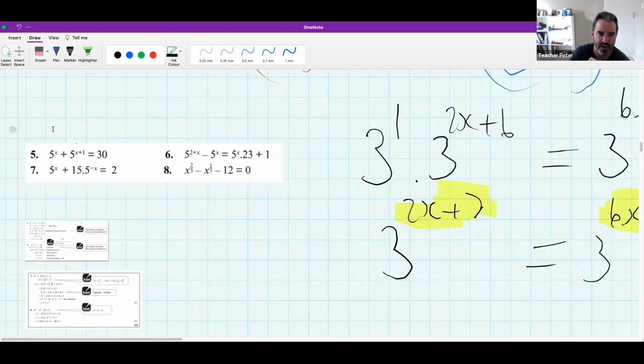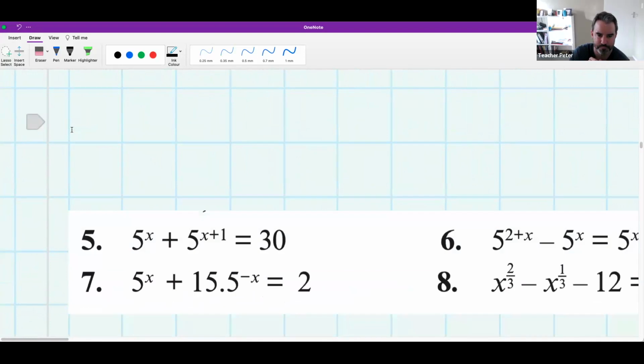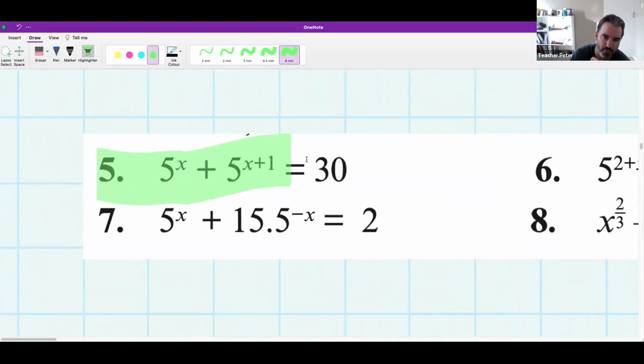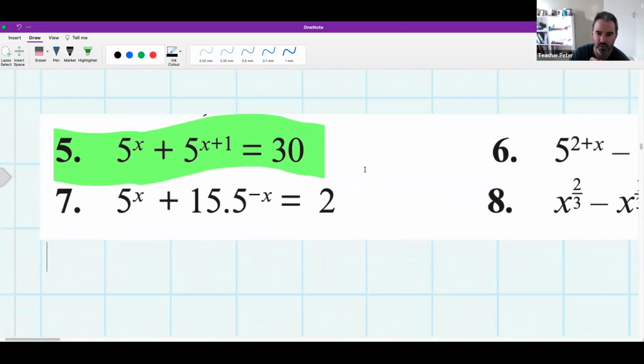Okay, let's do number 5 here. I want you guys to solve number 5. Can you solve number 5 using these techniques you've learned today? Find me the value of x. And then we're going to take a break.